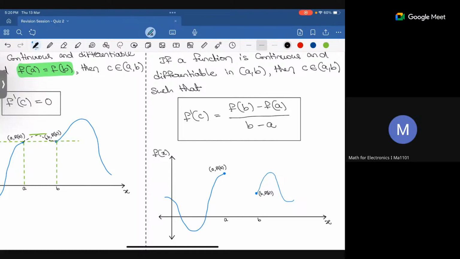So there exists a point C such that the difference between the function values divided by b minus a equals the derivative there. What is this actually? You construct a straight line passing through (a, f(a)) and (b, f(b)). If I consider a straight line that passes through these 2 points, then what is the slope of this straight line? Can anybody tell?